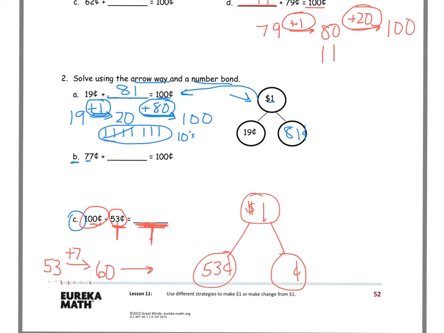And then I'll count by tens to get to 100. 60, 70, 80, 90, 100. 4 tens is 40. So now I got what I counted by and then my adding. Anything that I added, 7 and 40 get me 47 cents. And that's my other part. So I can check it now.